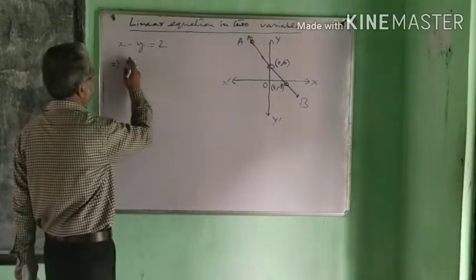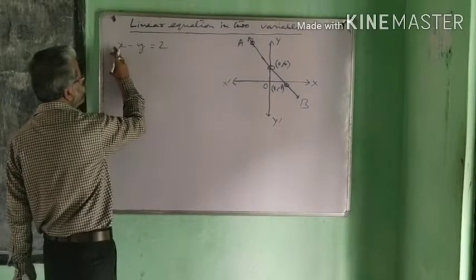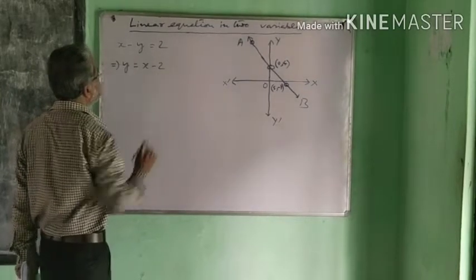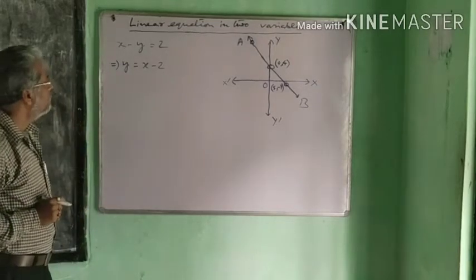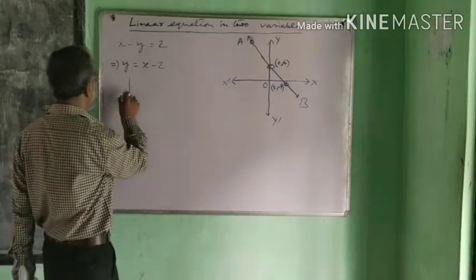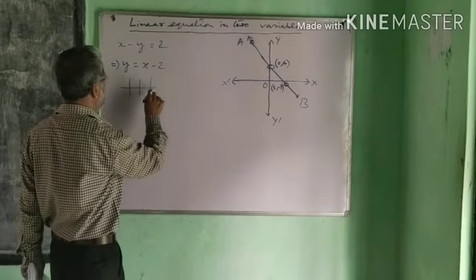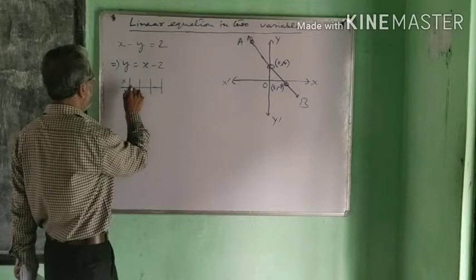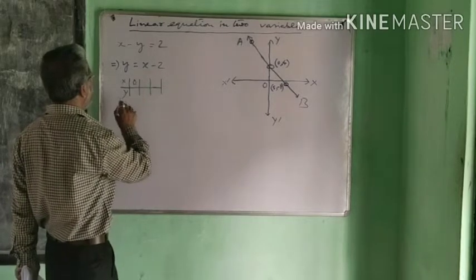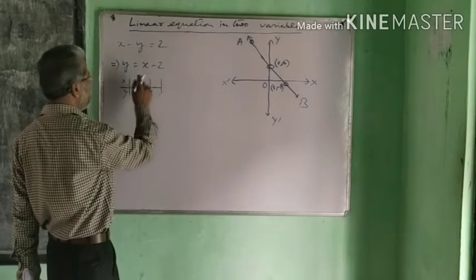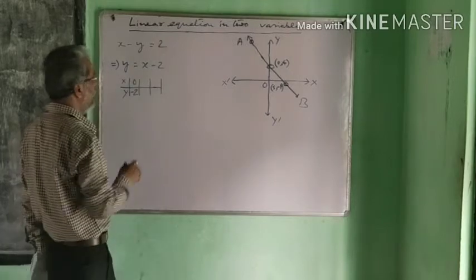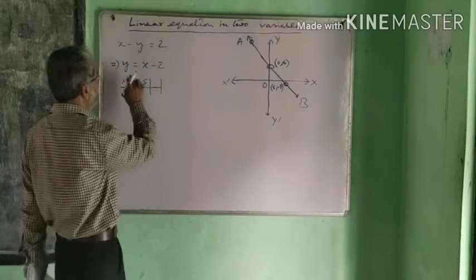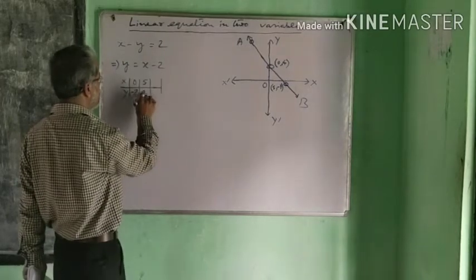So what will be y? X minus 2 is equal to y, so we can write y is equal to x minus 2. Ultimately, 3 solutions can be obtained from this equation. If we take the value of x as 0, then the value of y will be 0 minus 2, which is minus 2. If we take x as 5, then y is 5 minus 2 is equal to 3.